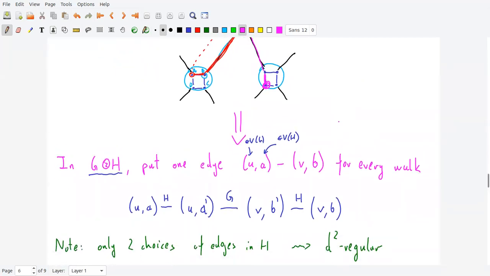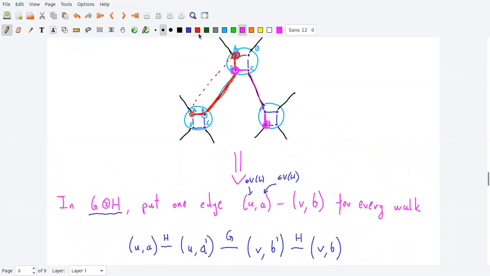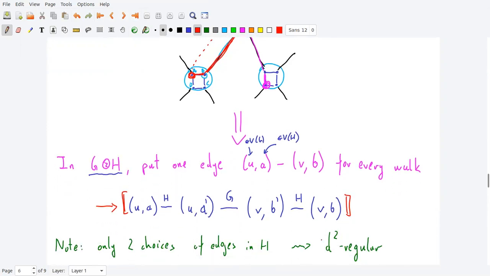So now observe, what can we say about the regularity of this graph? How many other vertices can I reach in the zigzag product from any vertex of G zigzag H? So how many ways can I choose such a walk of length 3? Well, there are only d squared ways to choose it. First I have d possibilities of choosing an edge within the cloud, because the ground graph H is d-regular.